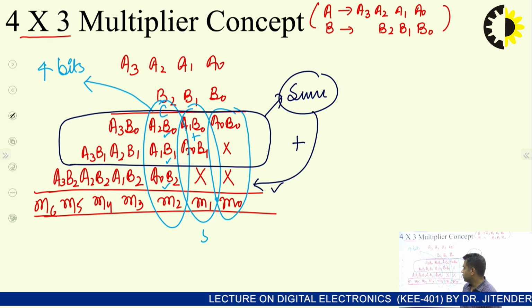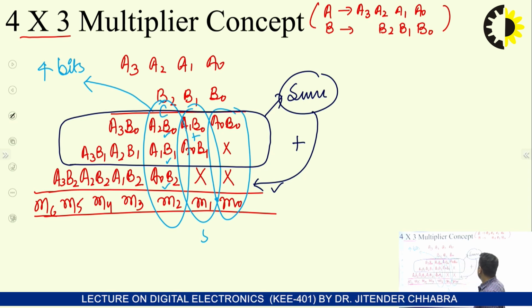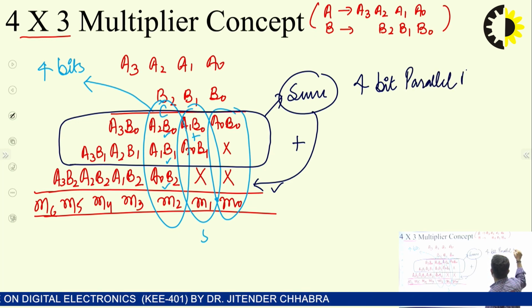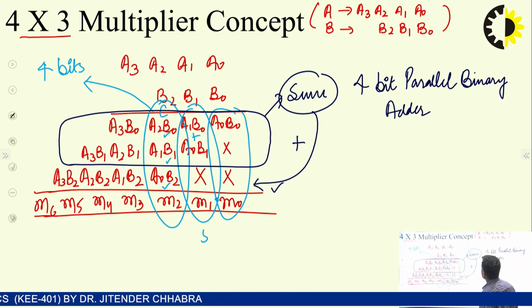Okay. So if these 4 numbers can't be added, we will be requiring a specialized circuit which we have already covered in our syllabus, that is a 4-bit parallel binary adder. So we will be requiring a 4-bit parallel binary adder to obtain this sum.